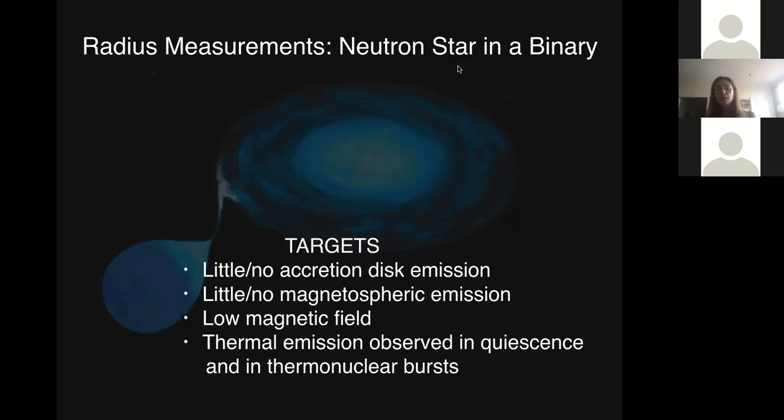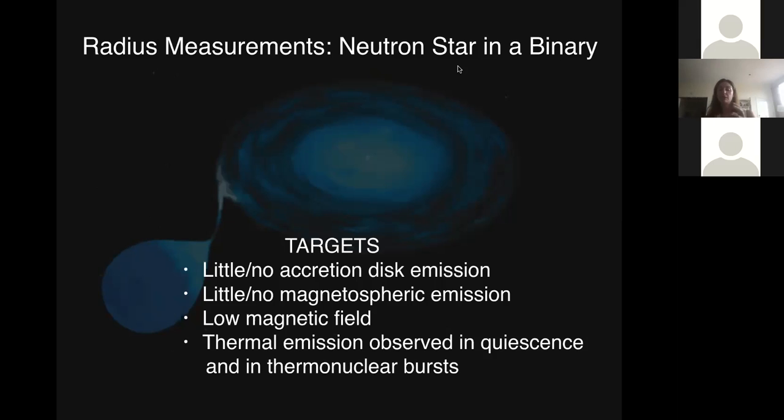And the way you can do this in these neutron stars in low mass X-ray binaries is you look for this thermal emission from the surface, either during quiescent episodes in between accretion, where the accretion rate has really fallen, and all you see is the re-radiation of that stored heat from the surface, or during thermonuclear bursts, where the accreted material, a hydrogen-helium mixture, ignites and goes unstable.